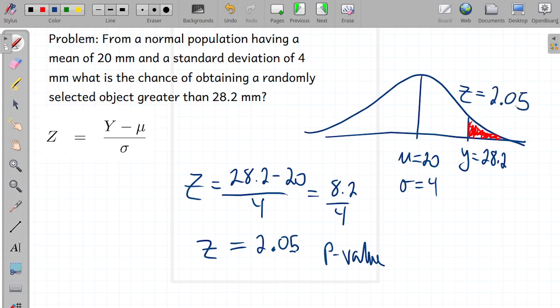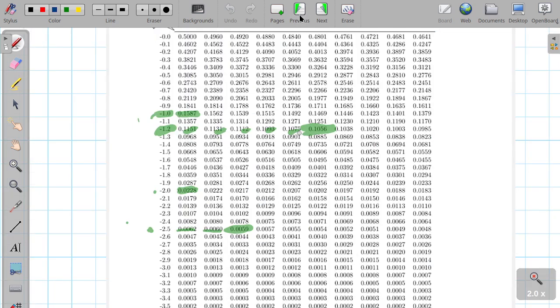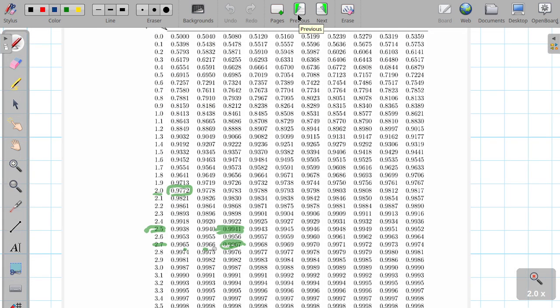Okay. Let's go back to the z table. So at 2.05, let's get the highlighter. So here's 2.0, 0.0, 0.01, 0.2, 0.3, 0.4, 0.5. 9798, that looks like. I got a blob on there. 9798. There we go.